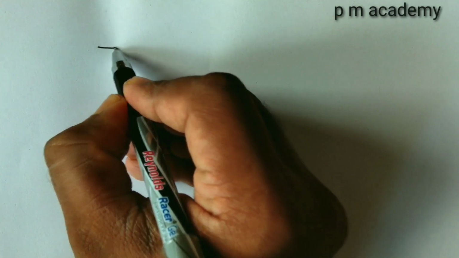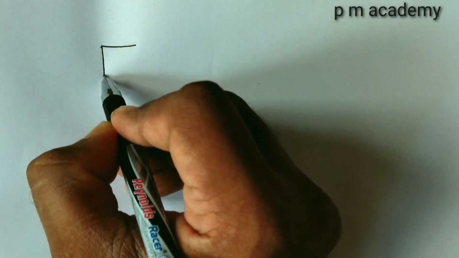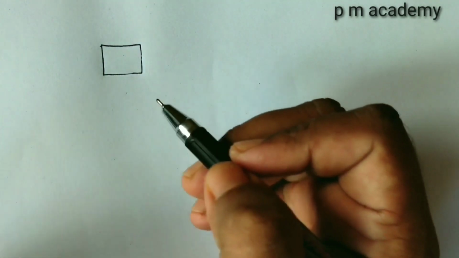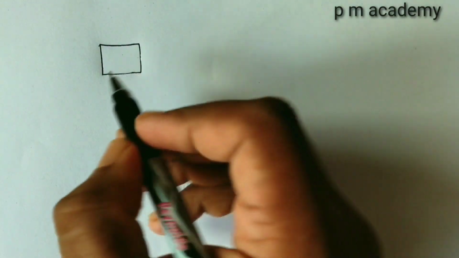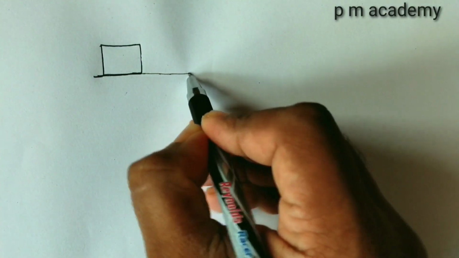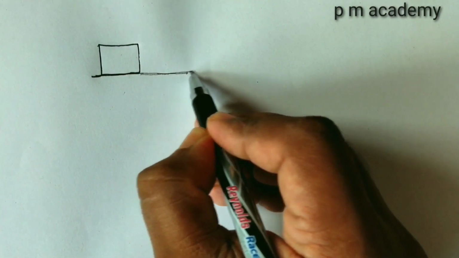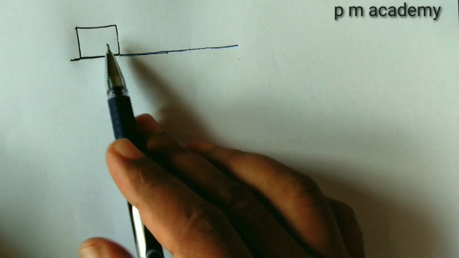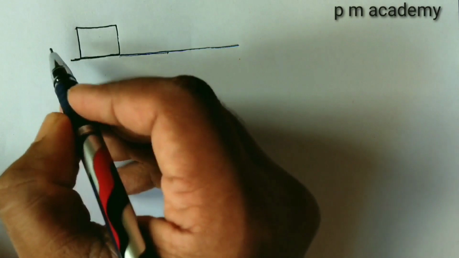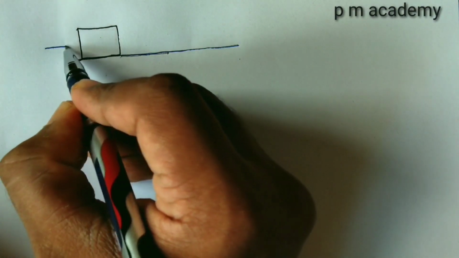Here is an object with a mass m. It is placed on a very smooth surface. Smooth surface means there is no friction between the surface and the object.